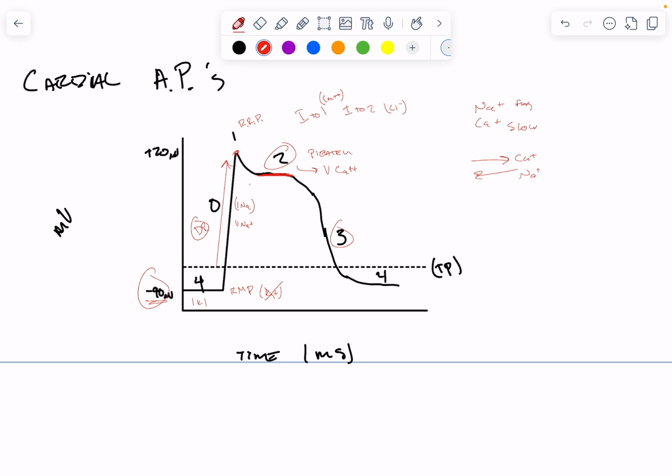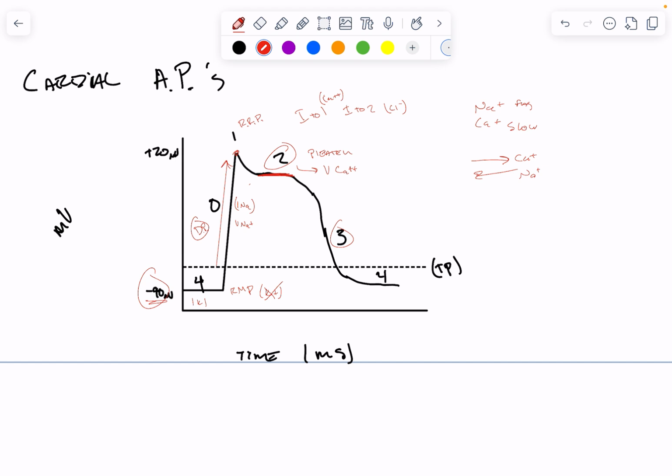And that is how the cardiac cell begins to repolarize. The membrane becomes more negative, the calcium channels close, and some potassium channels open, and the membrane quickly returns to resting membrane potential.